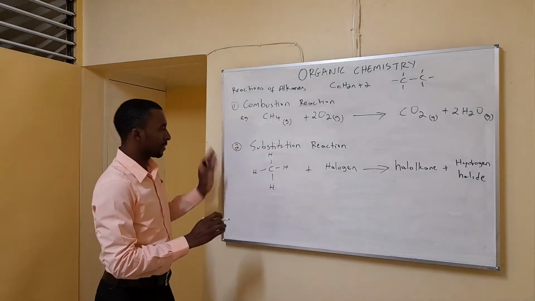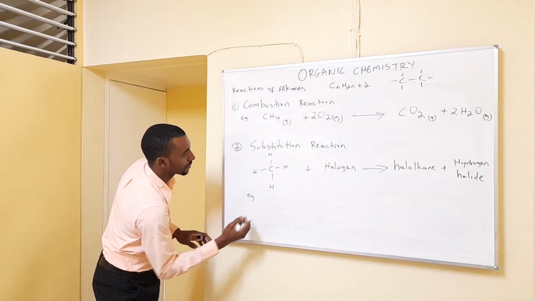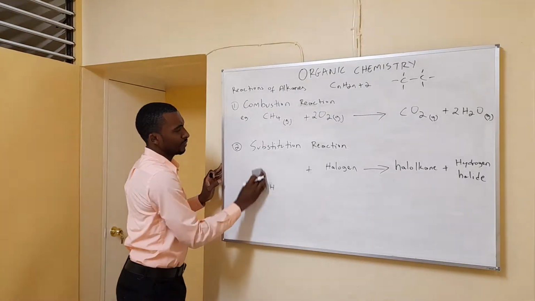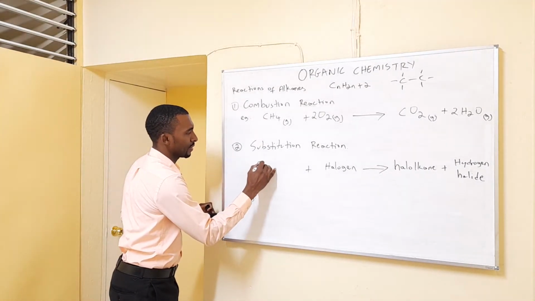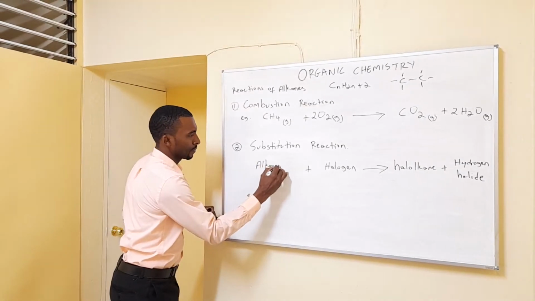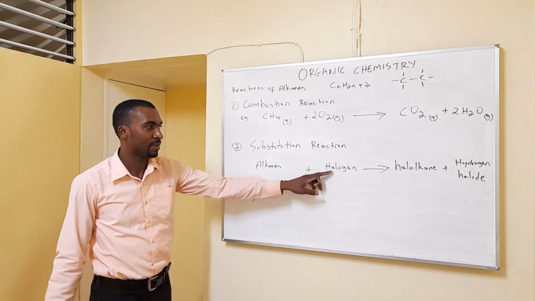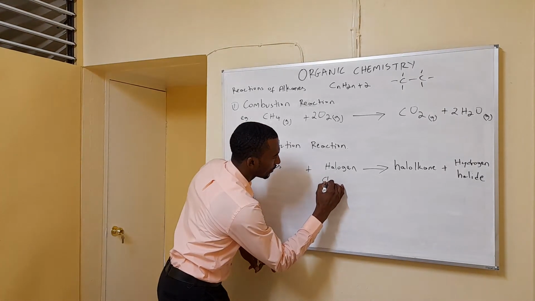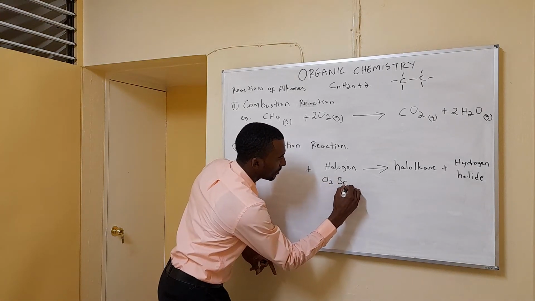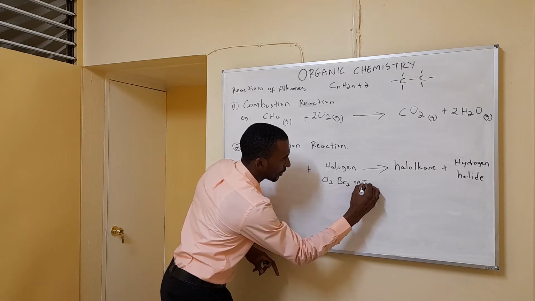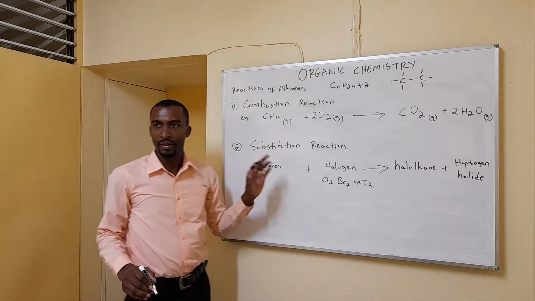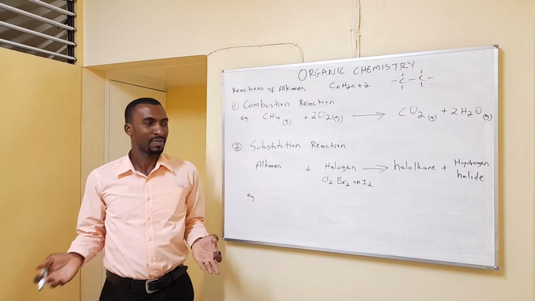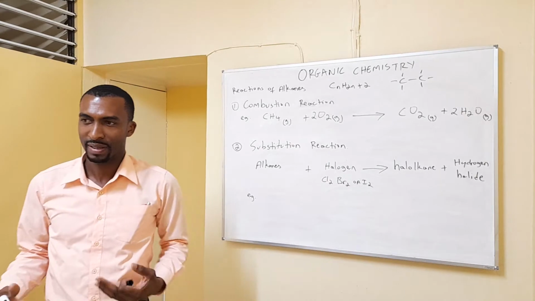So this is the general one, now an example. When I say halogen here, the halogen is either chlorine, bromine, or iodine. The reason I'm doing this is that in the exam I might use chlorine as the example, but they might give you bromine or iodine, which is the same principle.